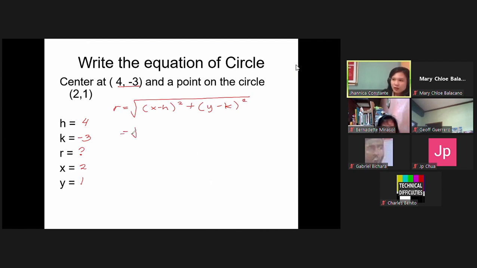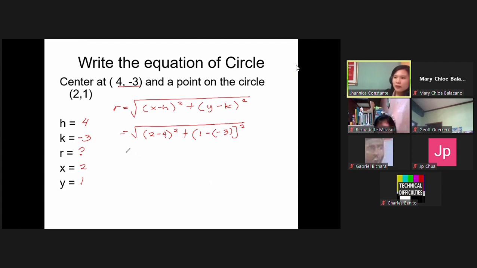Substitute the given values for x, h, y, and k. For x, we have +2 minus the value of h, which is +4, squared, plus the value of y, which is +1, minus the value of k, which is -3, squared.